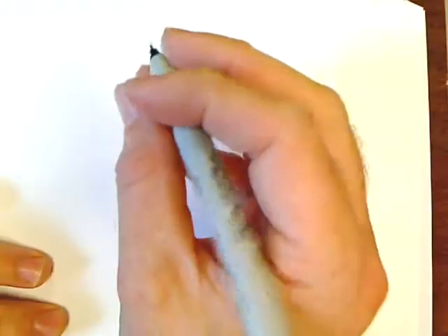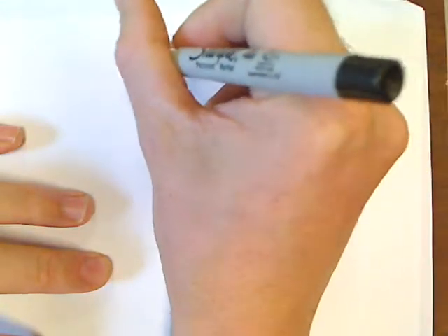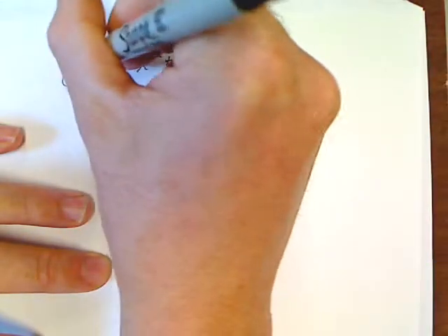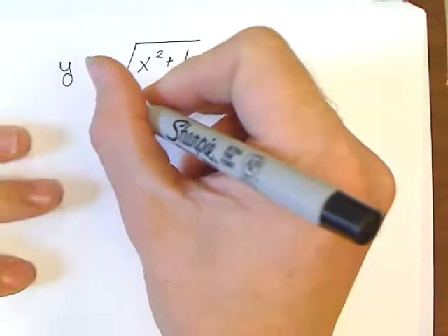Well, let's not just do one example. Let's do several examples here. So what are we going to do if we've got, let's say, a function square root of x squared plus 1. Let's say that y equals square root of x squared plus 1. Well, first of all, let's rewrite this.